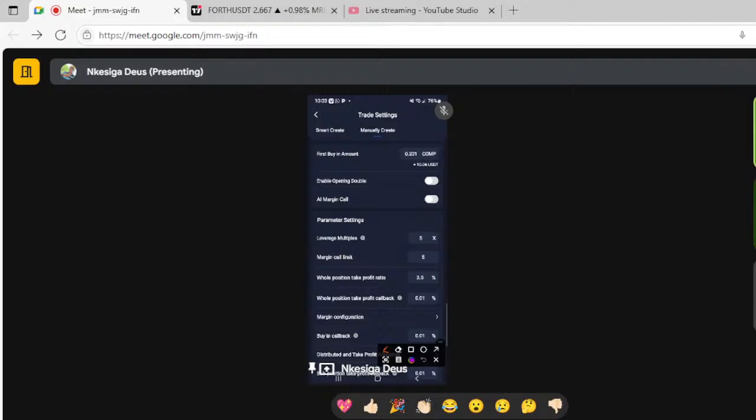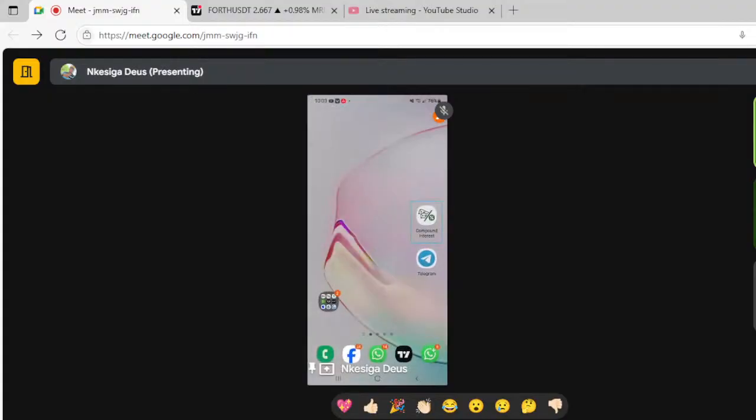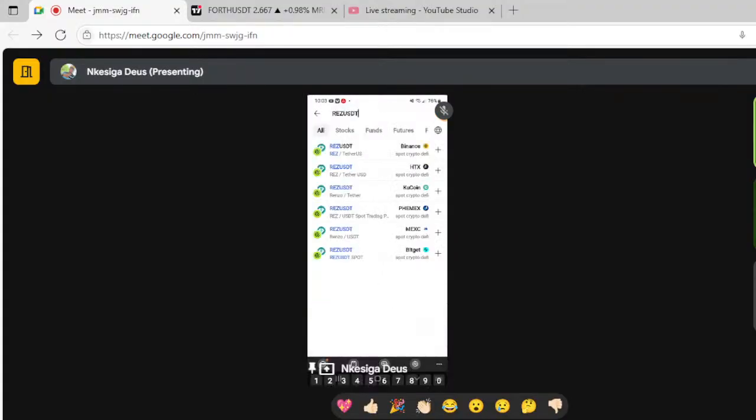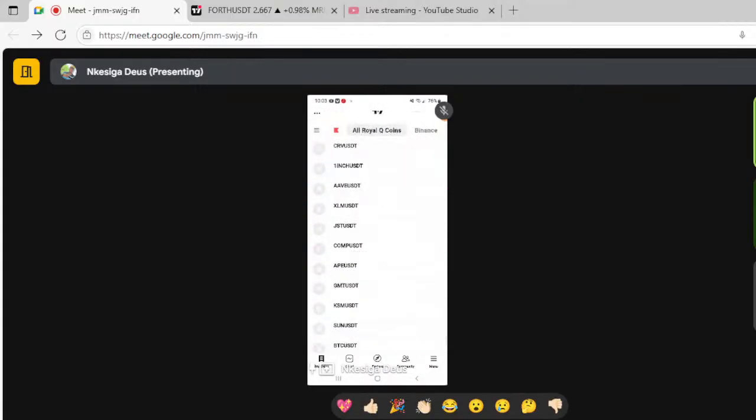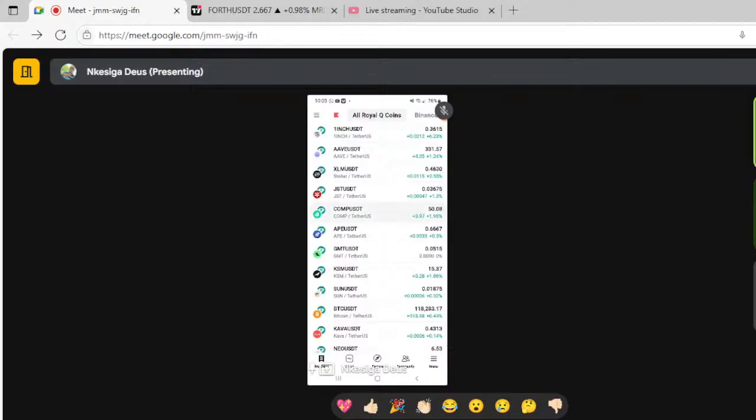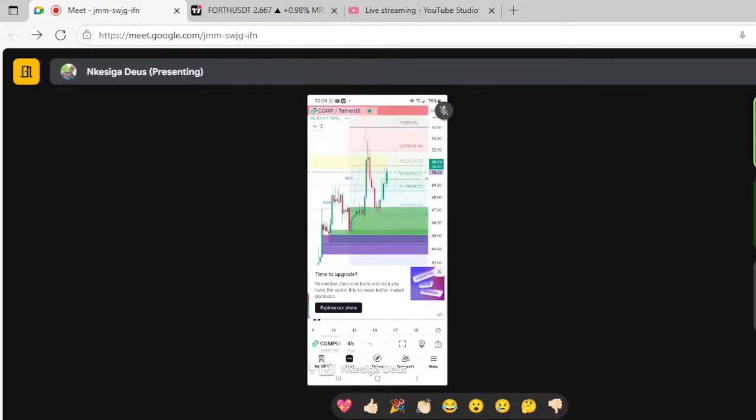For example, if you are trading under isolated mode, it's according to how you set your account on Binance. If you are trading under isolated mode, they will give you the price. Now, let us assume that, let me go there, then I look for comp. Let's look for comp here. Comp, where are you? It is here. Okay. Now, let us assume we are buying comp.